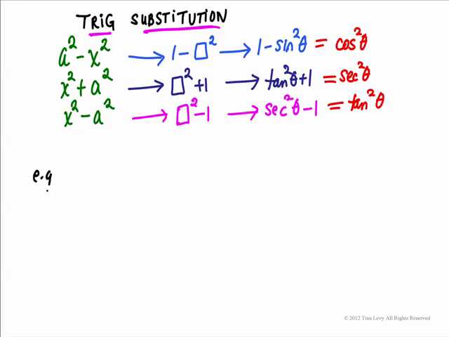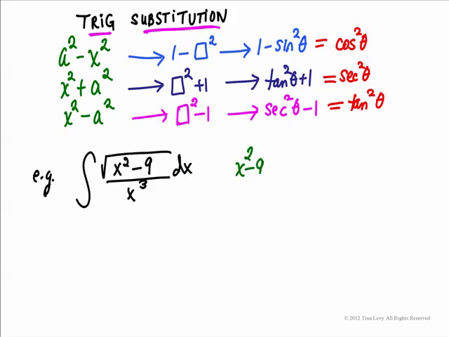First example, we're going to look at the antiderivative of square root of x squared minus 9 divided by x cubed dx. First step, I'm going to write x squared minus 9. I want to get a 1 for the number, so I'm going to factor out a 9, and it's x squared over 9 minus 1.